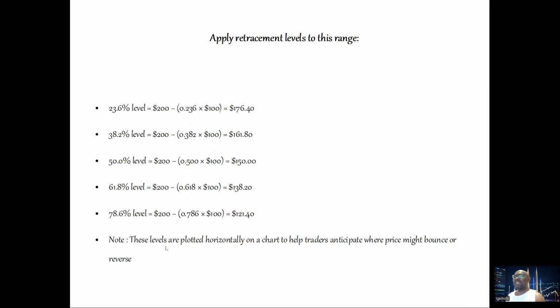Now note, these levels are plotted horizontally on a chart to help traders anticipate where price might bounce or revert. Because all these levels you see, if in a bullish market, all these are support levels. This one is a support level, this is a support level, this is a support level, like that.